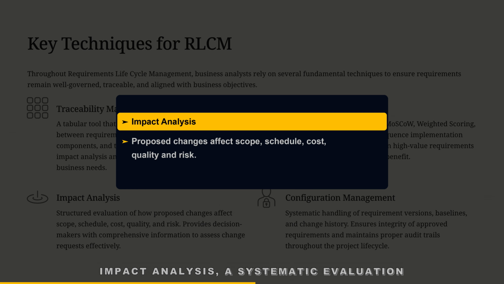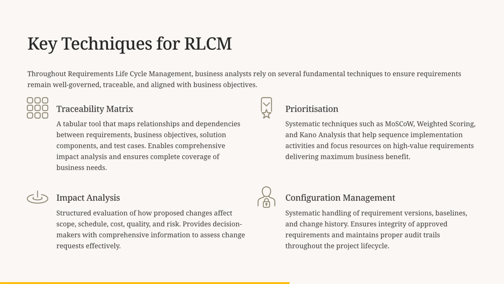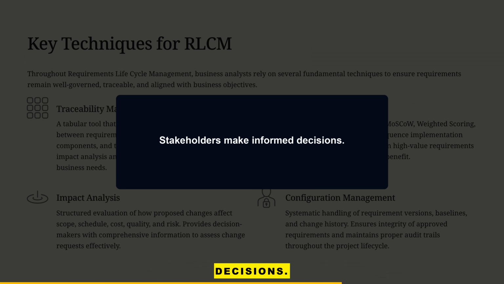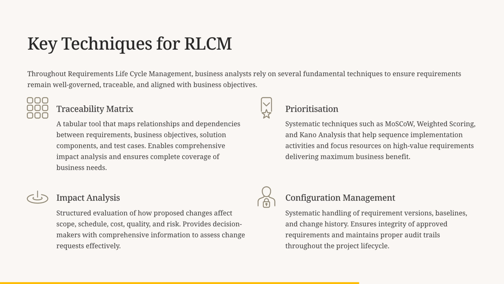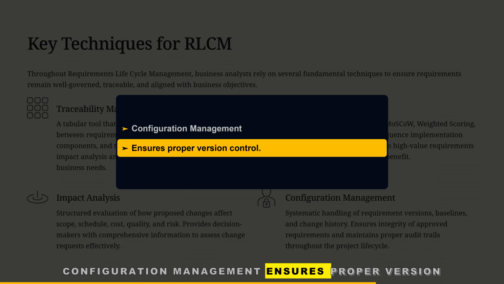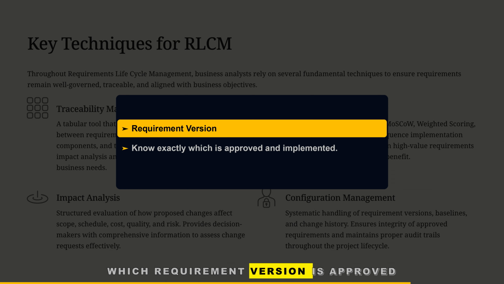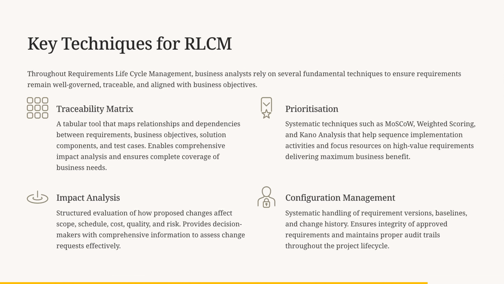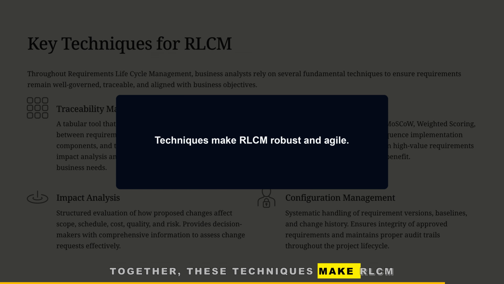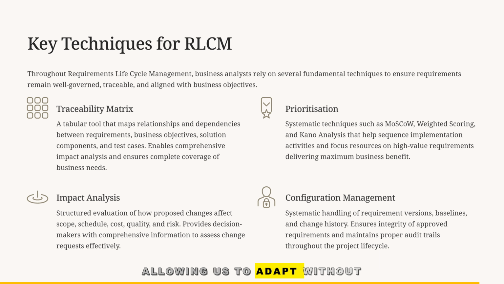Impact analysis, a systematic evaluation of how proposed changes affect scope, cost, schedule, quality, and risk. This helps stakeholders make informed decisions. Configuration management ensures proper version control, so you know exactly which requirement version is approved and implemented. Together, these techniques make RLCM both robust and agile, allowing us to adapt without losing structure.